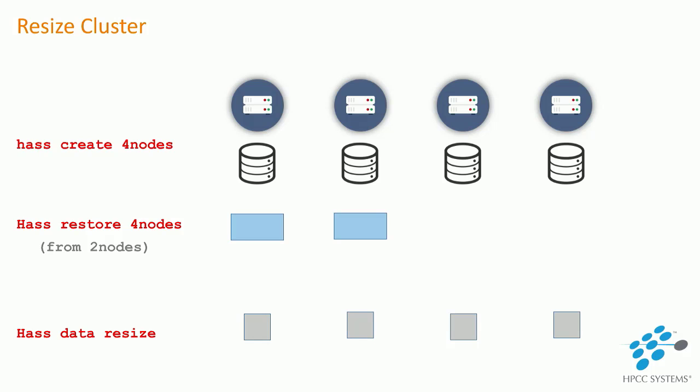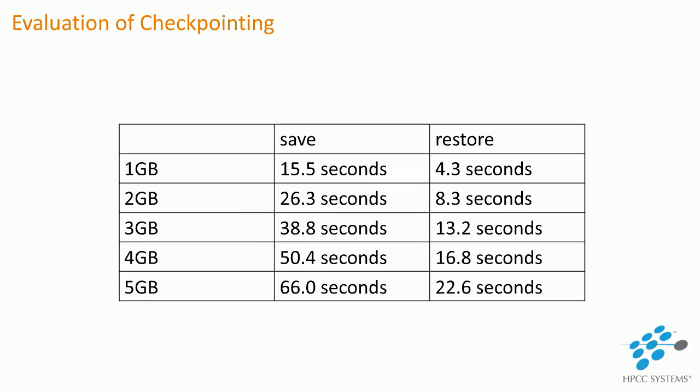So we take those 2 parts; let's say it's a DFU file, it's going to have 2 parts. That logical file has a part for the first node and the second node because it was stored from 2 nodes. But we want to create 4 logical parts. What we did was we just run the distribute command on HPCC, and we were able to distribute it to 4 nodes. You can also do it from 4 nodes down to 2 nodes, but it's a little more complicated, so I'm not going to show that example.